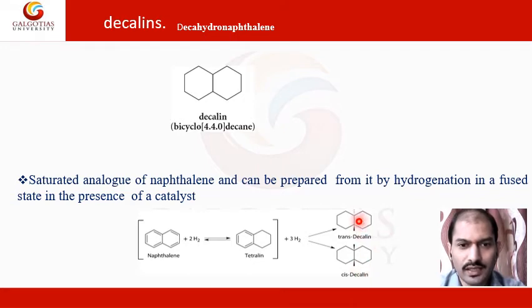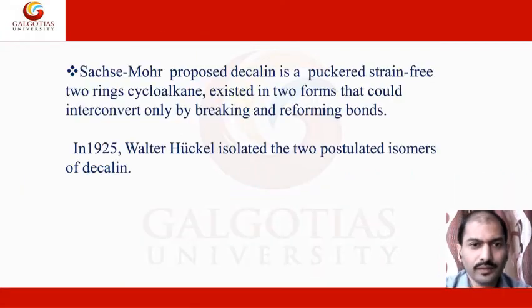So this is the trans form, and another one is the cis form. Here you can see in which direction the particular hydrogen is attached along the fused ring.